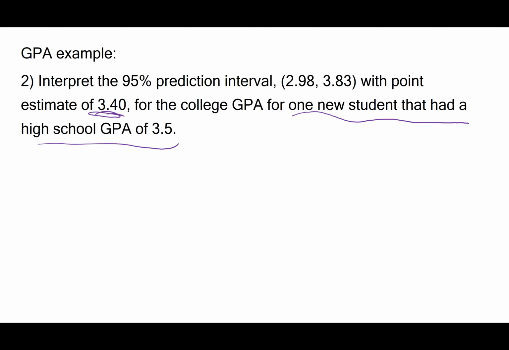Last time we wanted to estimate the average first year college GPA for all people that had a high school GPA of 3.5. This time we just want to estimate the college GPA for just one student. So not the average of all the students with 3.5, just one new student. It's going to initially read very, very similar.